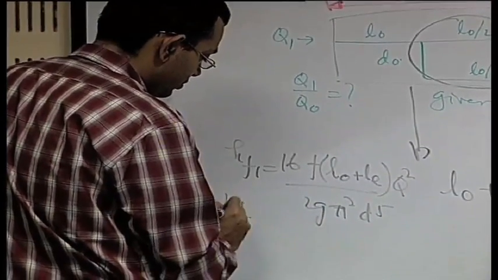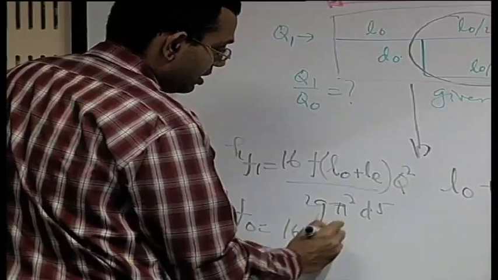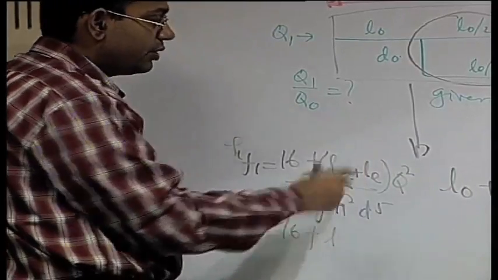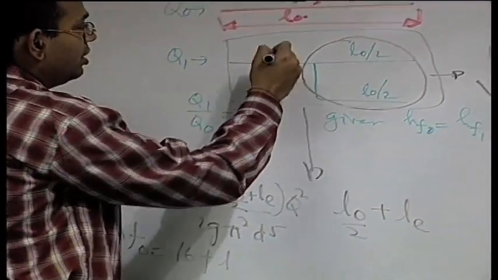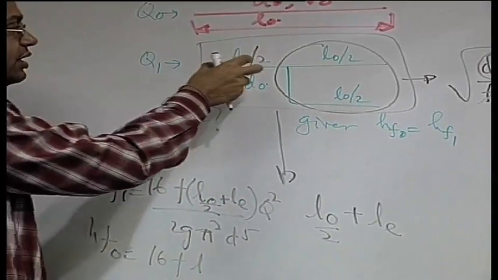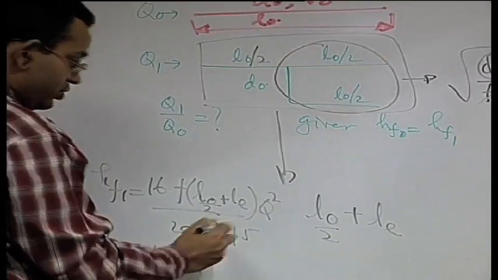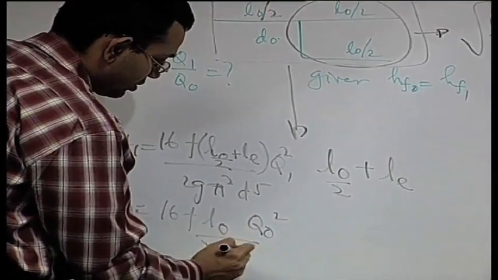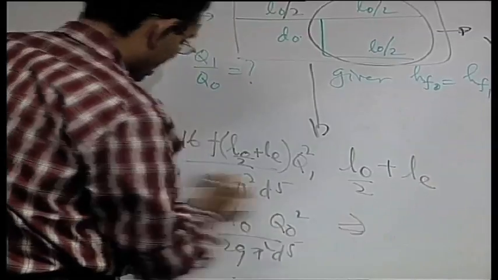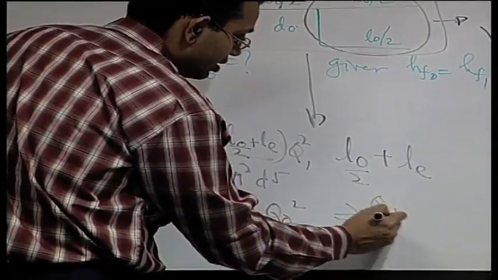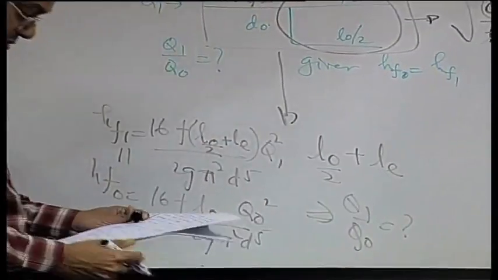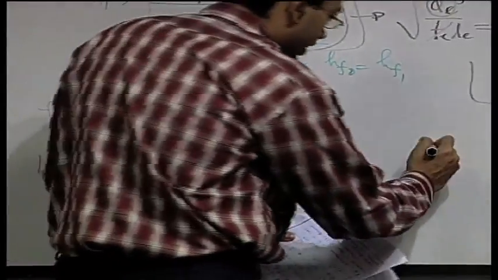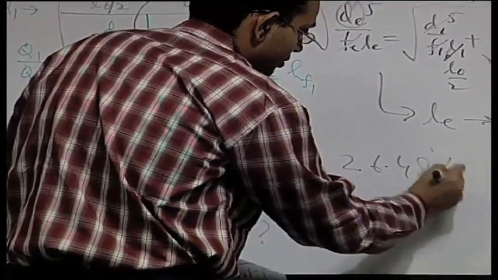Sorry, this is L0 by 2, half half. And HF0 is 16F L0 Q0 square by 2G pi square d to the power 5. Since these two are equal, you can find out what is Q1 by Q0. The answer is that the increment is 26.48%. So this is just very simple equivalent pipe system analysis.